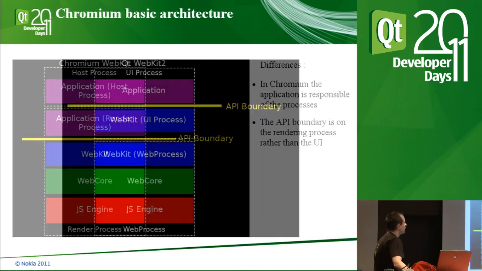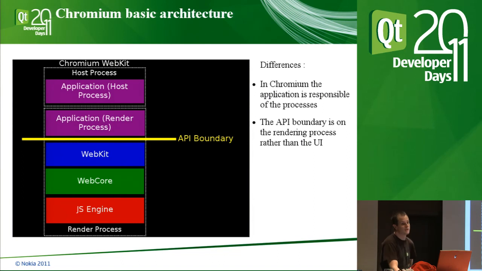For the curious, Chromium also has some kind of multiple processes: every single tab of Chromium or Google Chrome runs in a separate process, right? And for them, it's different. They don't use WebKit 2, or at least for now, they don't. I'm not sure they ever will, but perhaps. They have something they call the host process, which is where the application is, like Google Chrome, right?